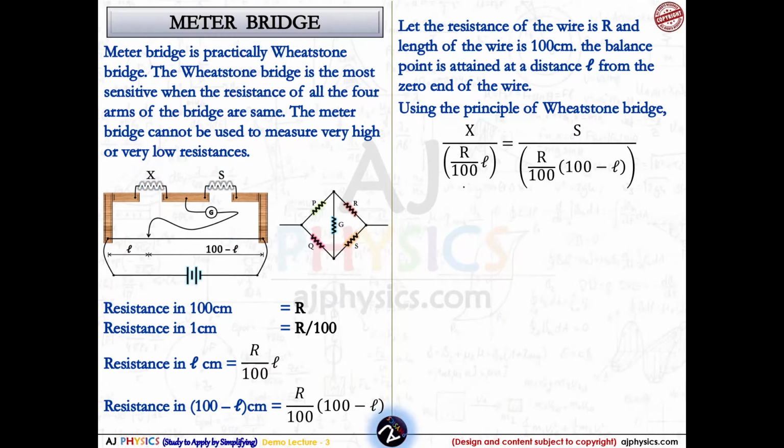Now you can easily solve this further and cancel out these hundreds here and also this R. So you will get this simple result, X divided by L equals S divided by 100 minus L. So this is the working relation of the meter bridge.